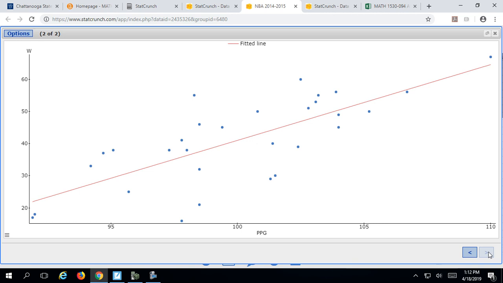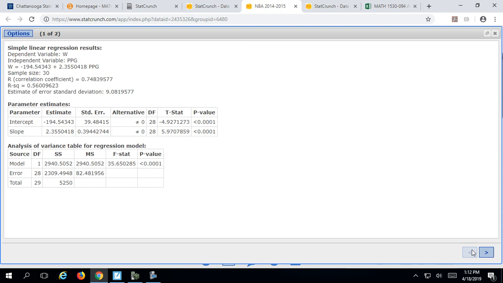So if we go back to this part, this is going to tell us how closely they're related. So here is R, it's called the correlation coefficient. And that is the correlation stat that we saw in the QQ plot.